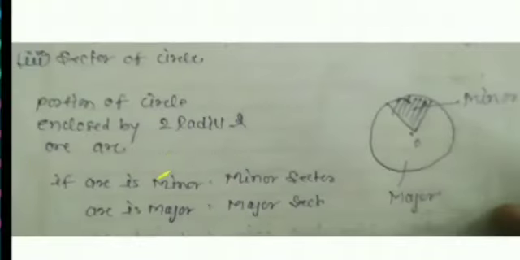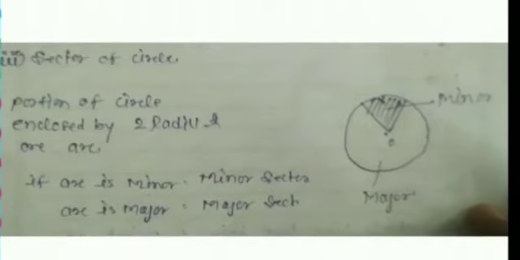Now let's see another part, the sector of a circle. The sector of a circle is the portion of the circle enclosed by two radii and one arc. So this is basically the area covered by two radii and one arc. You can see that it covers in two different ways.